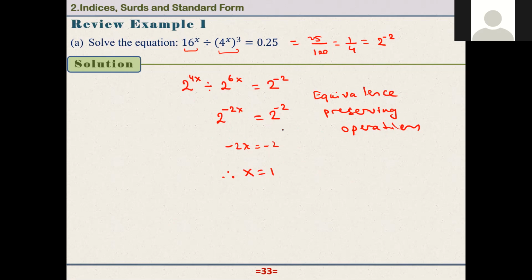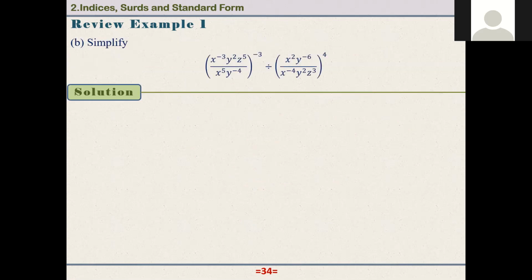Anyway, using some algebraic manipulation, we got an equivalent equation in a very simple form. That means that whatever satisfies this equation also satisfies the original equation. Actually, we call this the solution of the equation. Anyway, that's one example of an exponential equation.